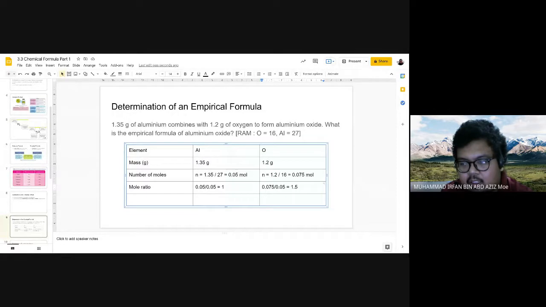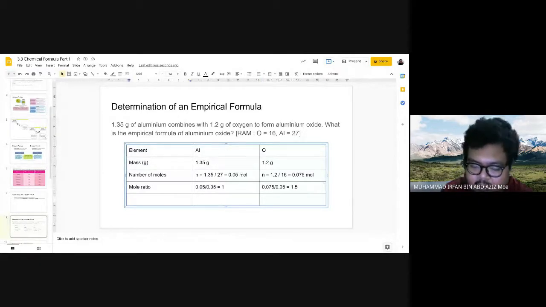Can we write the formula as Al O 1.5 like this? Let me show. Say finally we get the formula based on the mole ratio: Al, because it is one, we don't need to write it, and then O, and we write 1.5.